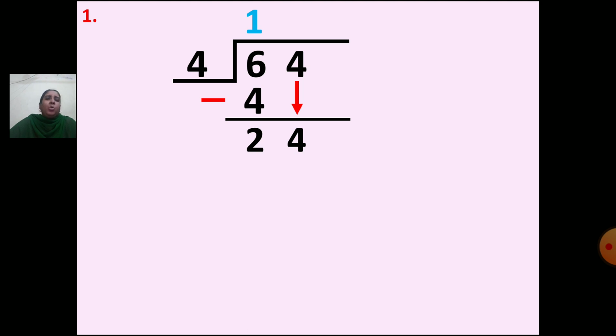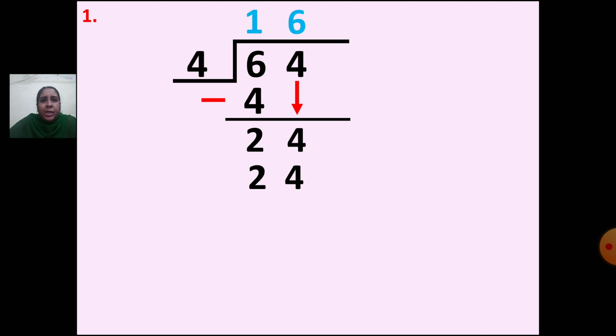Now you see in table of 4, when you get 24. 4 ones are 4. 4 twos are 8. 4 threes are 12. 4 fours are 16. 4 fives are 20. 4 sixes are 24. So in table of 4, when you get 24, 6. So up you will write 6 and down you will write 24. Okay.